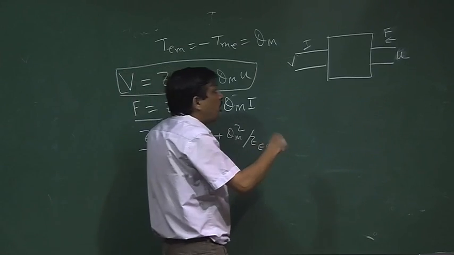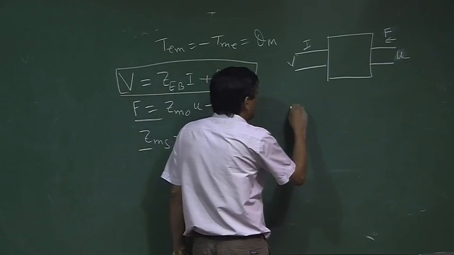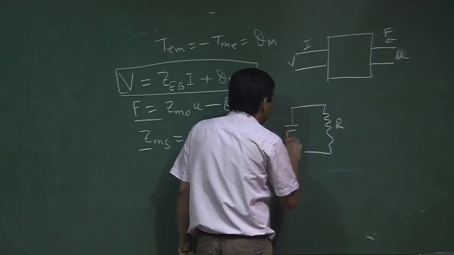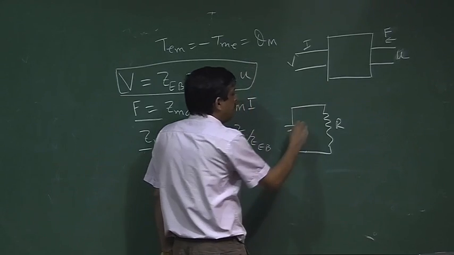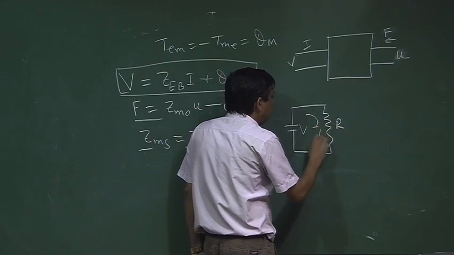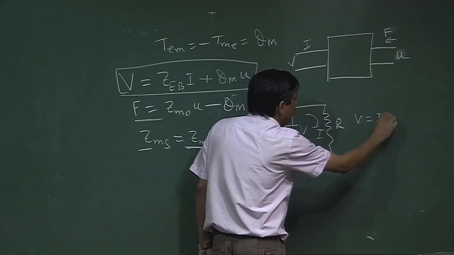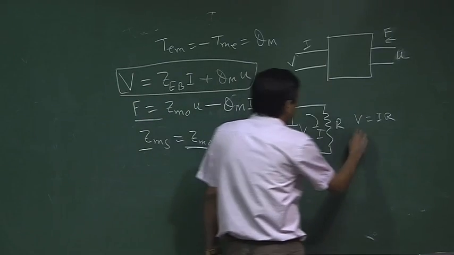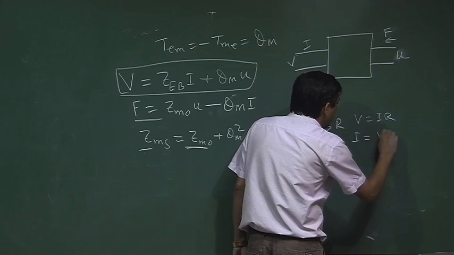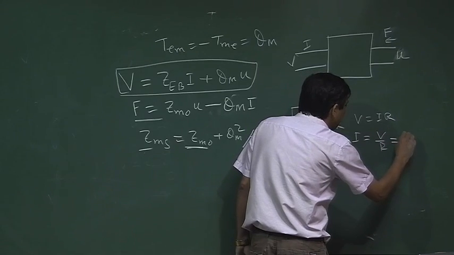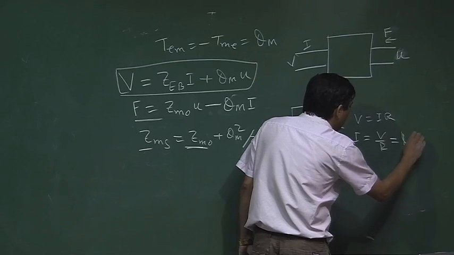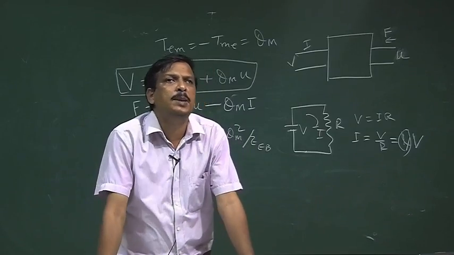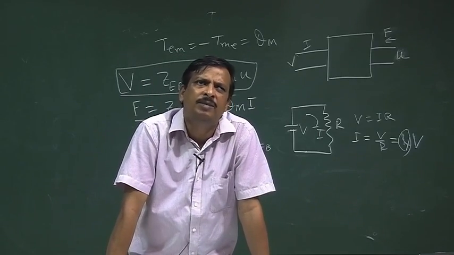Okay. So, the source is a current source. If I have a resistance R and I apply a voltage V, then I say current I is flowing, and V is equal to I into R. Now I can also say I equals V by R, or let us say I equals Y into V, where R is called mechanical resistance, or if it is complex then mechanical impedance.